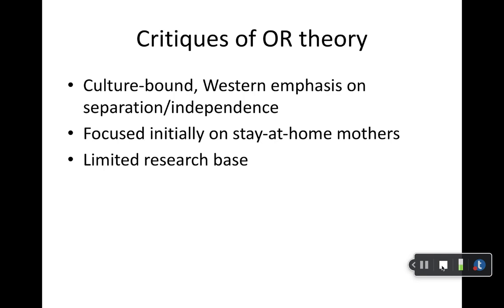So Winnicott talked about the good enough mother. We now talk about good enough caregivers. And we know from empirical research that it doesn't matter the gender of a caregiver. It doesn't really matter how many caregivers live in a home. Sexual orientation is irrelevant for caregivers. What matters is the quality of care that infants and young children receive.